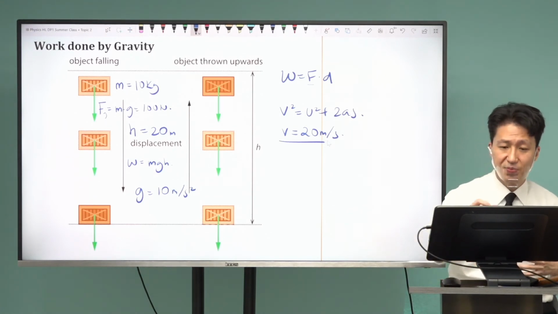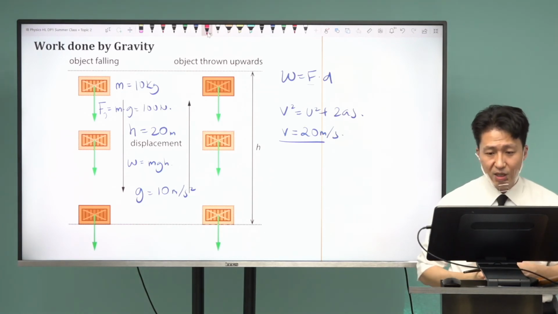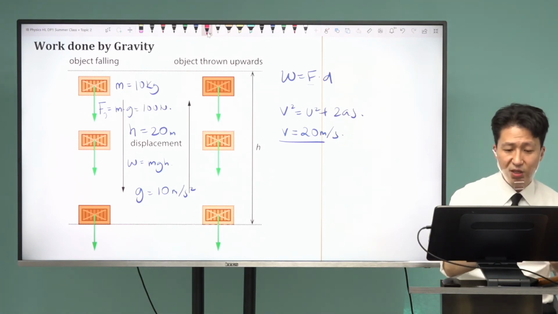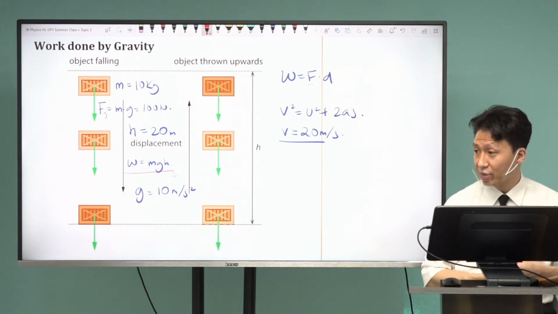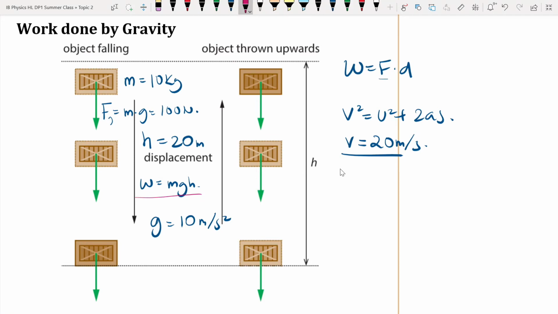Let's use the second method, and I'll use red for this one. In the second method, we want to know how much energy gravity gave it. So the work done by gravity is going to be mgh, which is 10 kilograms multiplied by 10 meters per second squared multiplied by a height of 20 meters, right?